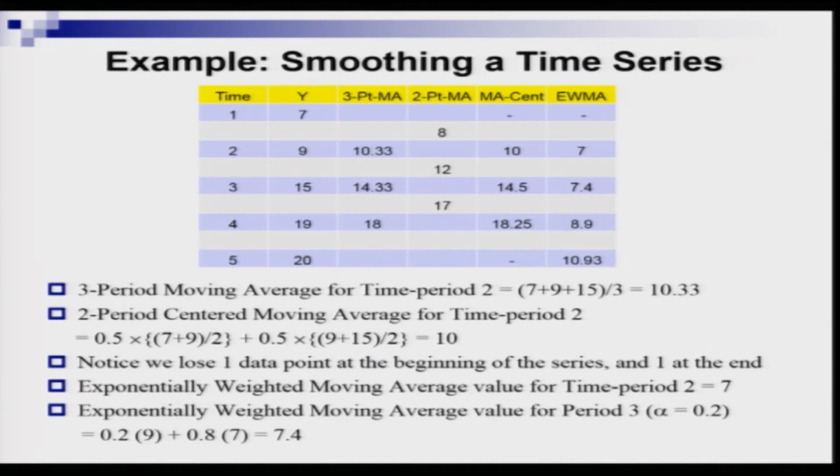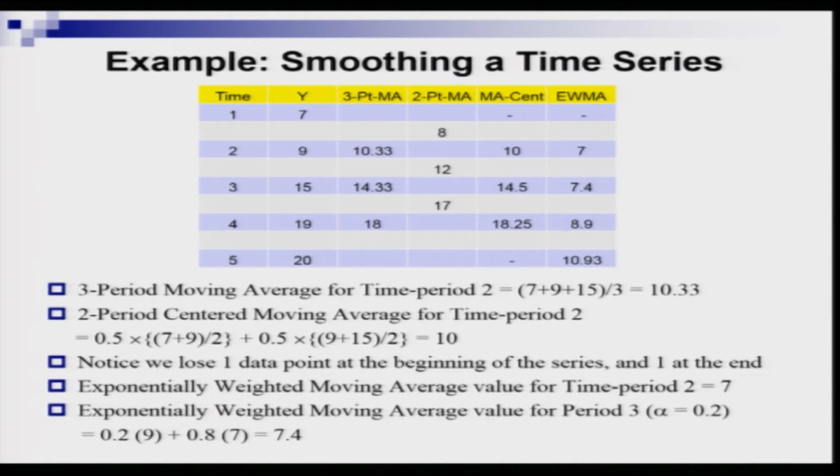So, how do I do that? I have already calculated the moving average for time periods 1 and 2. Next, you exclude time period 1 and include time period 3, but keep time period 2. Now you are considering 2 values, 9 and 15, and you take the average, which is 12. This newly created 2-point moving average will again be placed against the hypothetical time period 2.5, exactly in between time periods 2 and 3.